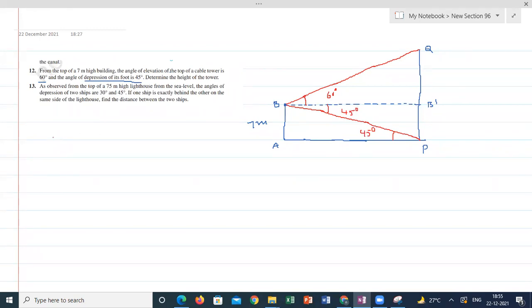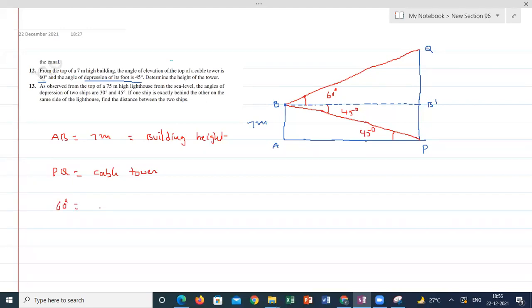Now, AB is 7 meter, which is the building height, and PQ is the cable tower, whose height we don't know. So the angle of elevation is 60 degrees and the angle of depression is 45 degrees.